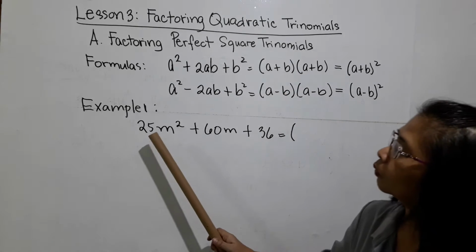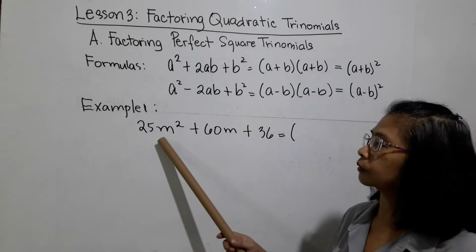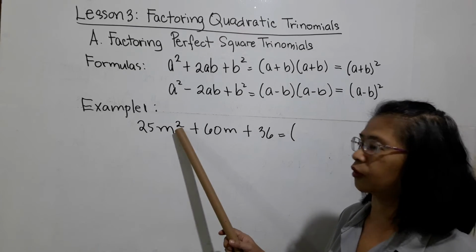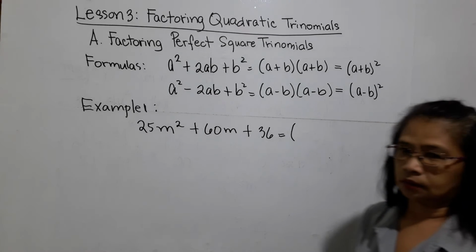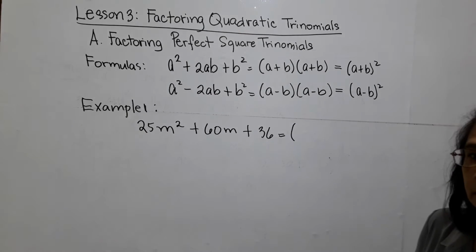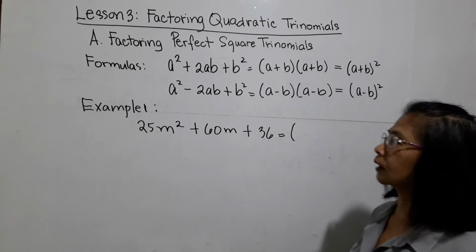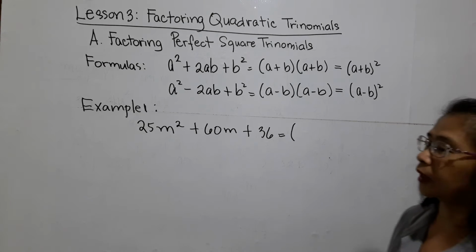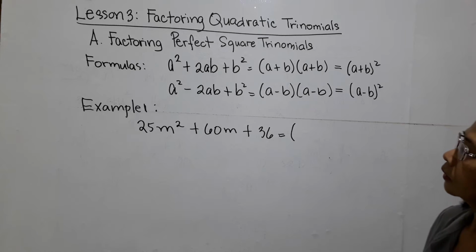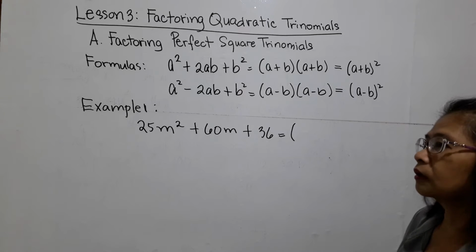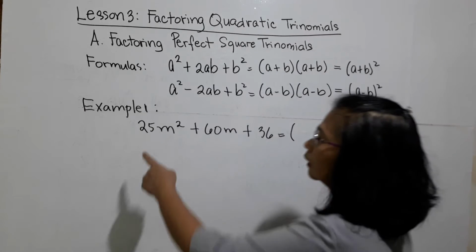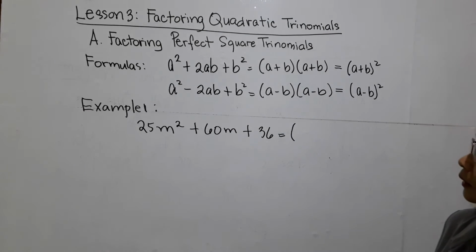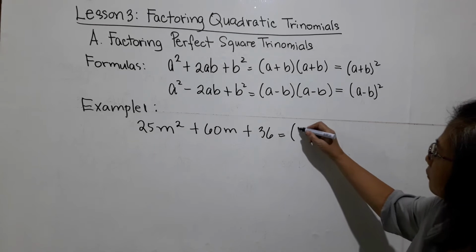What do you think is the square root of 25m squared? Can you still remember how to get the square root of the squared term? What number should be multiplied by itself to get 25? It is 5.